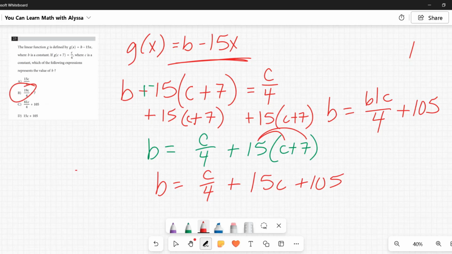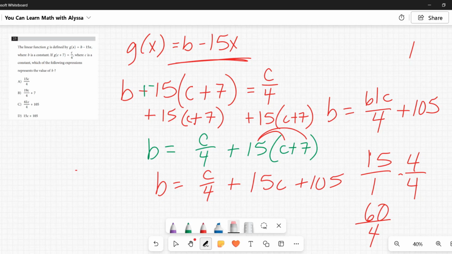You don't want to get distracted by that 19C over 4 and go, 15 and 4. No. You have to convert this into fourths. So that would be 15. If you convert that to fourths, it's 15 over 1 times 4 over 4, and you get 60 over 4.